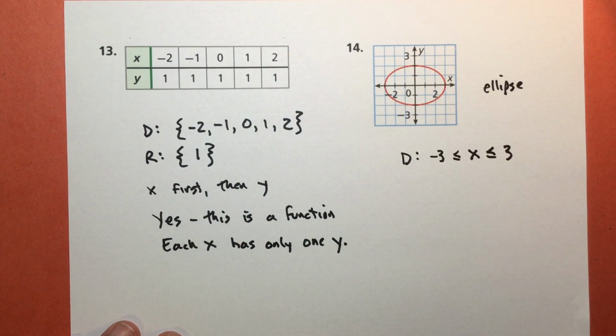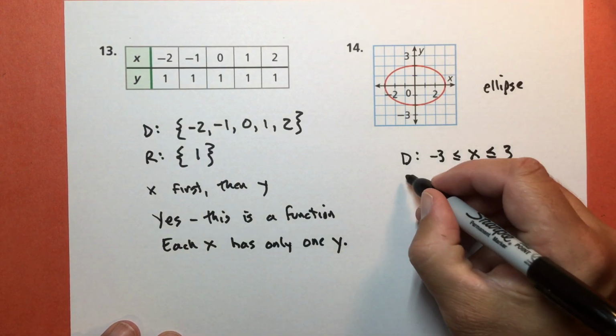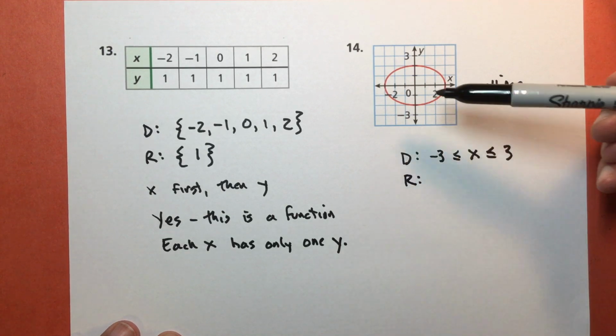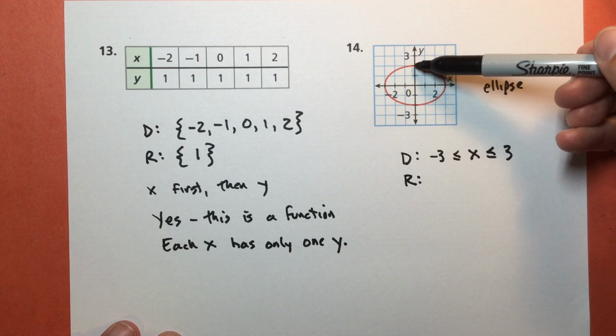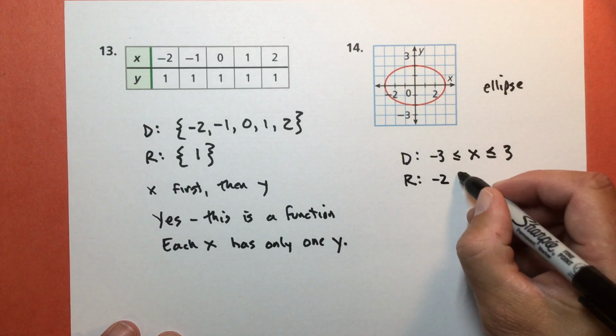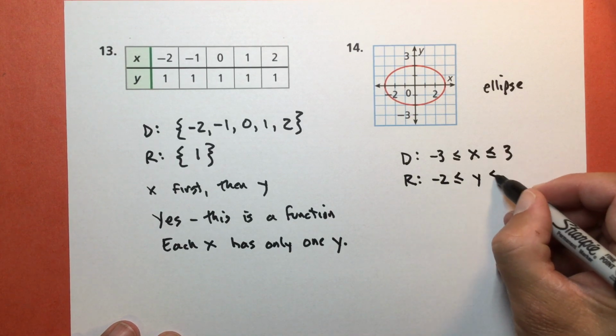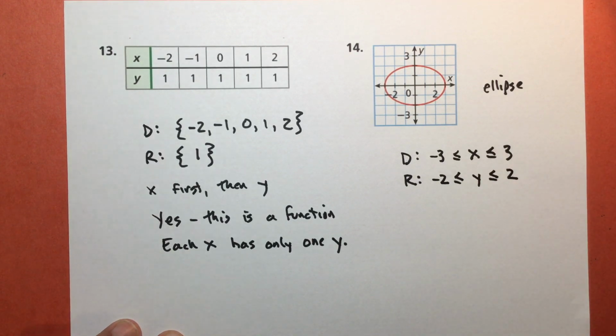Ellipses are really cool, and I wish we had time to study them. But anyway, for the range, the smallest y at the bottom is -2, all the way up to the greatest y value, which is +2. So -2 is less than or equal to y, which is less than or equal to +2.